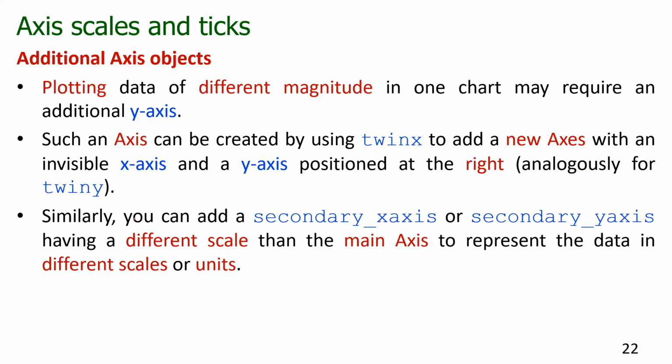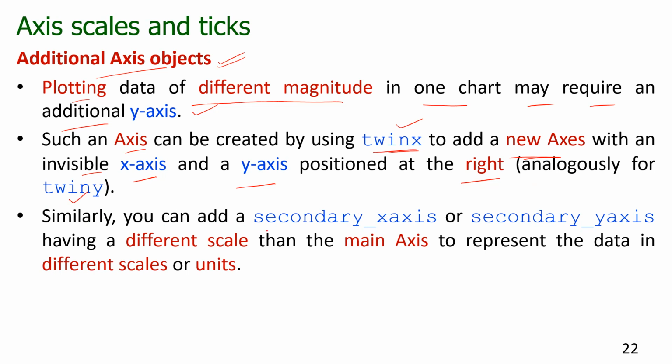Then there is a provision for adding additional axis objects. Plotting data of different magnitude in one chart may require an additional y-axis. Such an axis can be created by using the twin axis method to add a new axis with an invisible x-axis and a y-axis positioned at the right, similar to twinx and twiny.